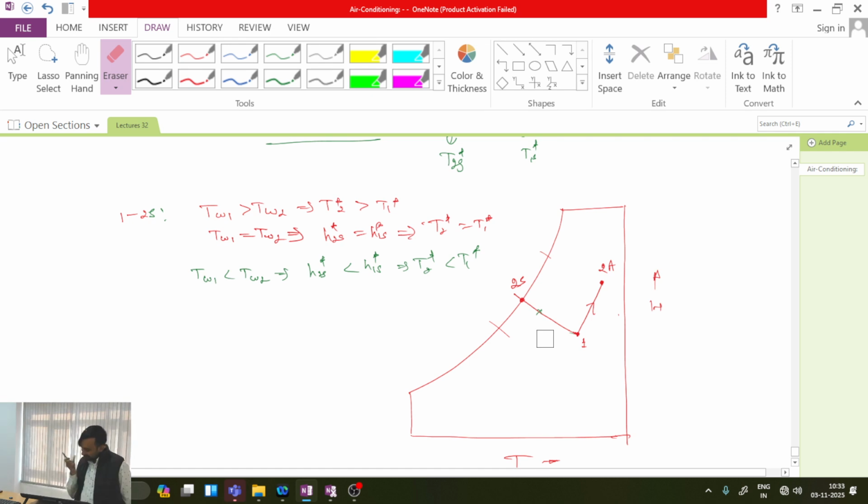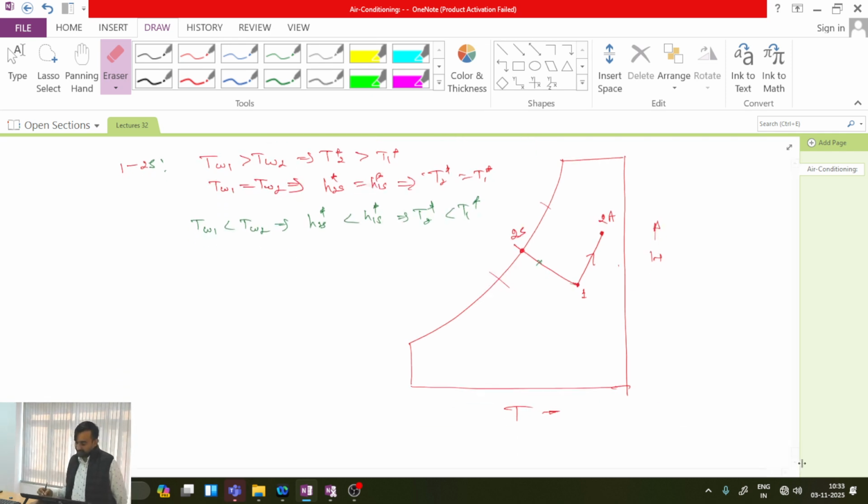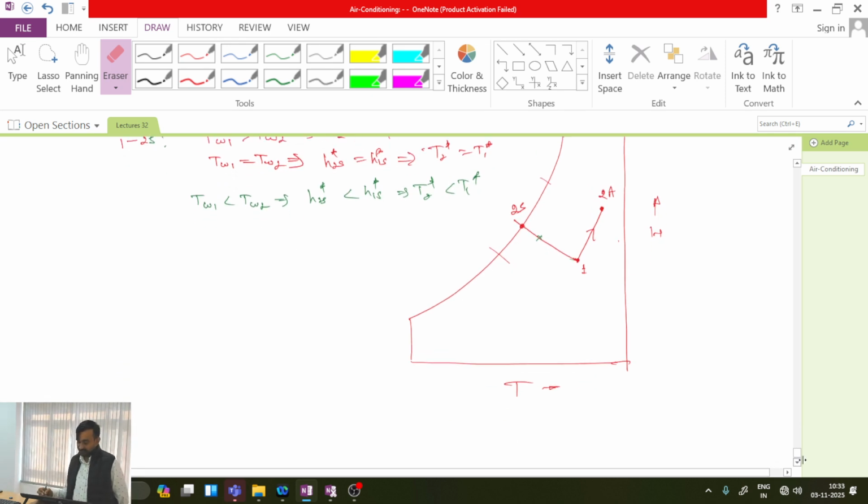Now one by one, let us see what different processes we can achieve in an air washer. First process is heating and humidification, which is process 1 to 2a.